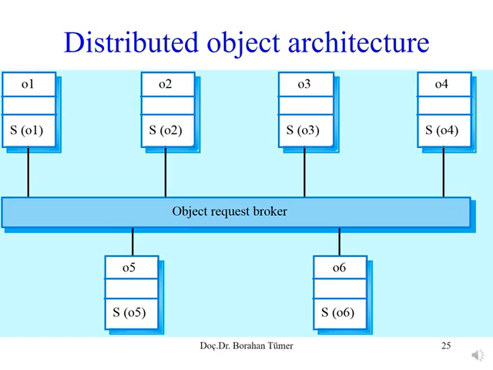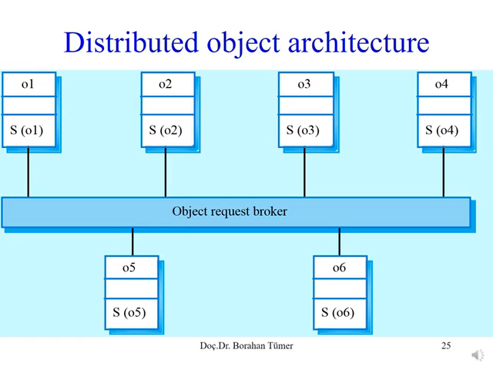Well, this architecture removes the distinction between clients and servers. An object may provide a service that is requested by another object, and the objects do this without any logical distinction between a client and a server.